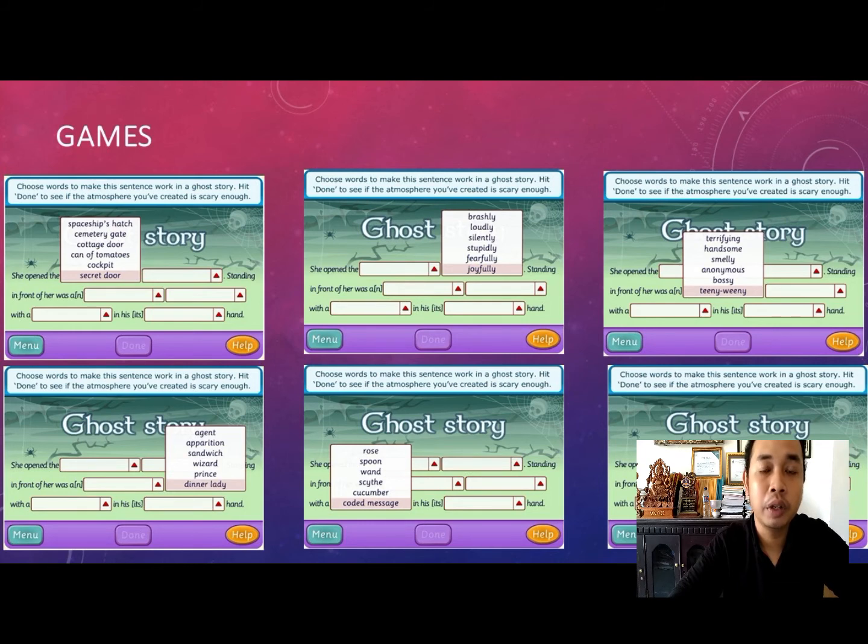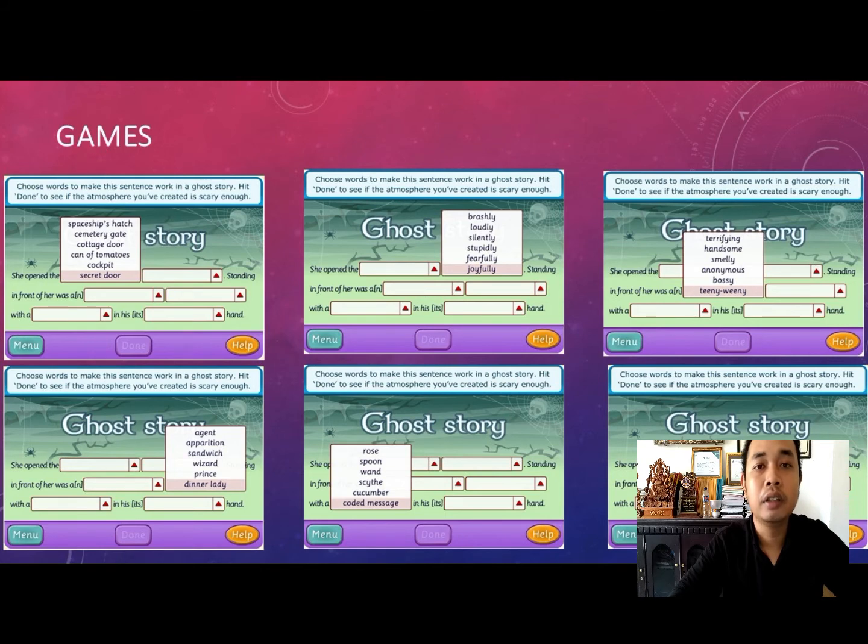The students need to fill in the words in the blank spaces, and then put the sentences in the correct order.